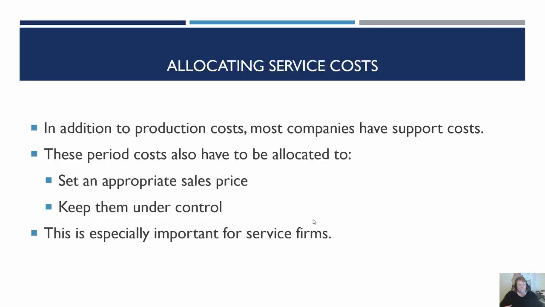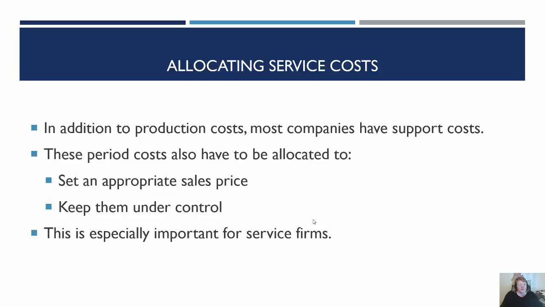So if you allocate a specific cost to a product, you need to know how much you're spending in those service or support costs. And you're probably looking, thinking, what are support costs? Support costs are departments like HR and accounting and maybe the sales department.